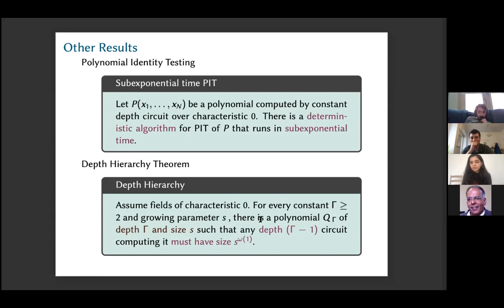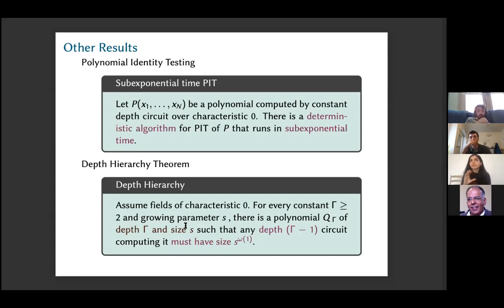But if you just allow depth 1 less than what it is computable by, say gamma -1, then already it must have super large size compared to the original.